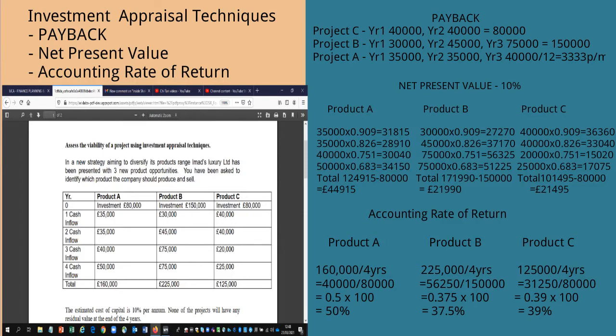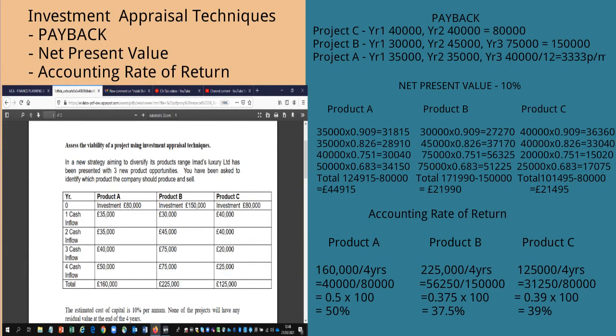If we compare the overall three techniques of the payback, net present value and accounting rate of return, for me, even though project A loses out in terms of the payback period being 3 months longer than project C, it has a higher net present value at 10%, and it has a higher accounting rate of return at 50% than the other two.